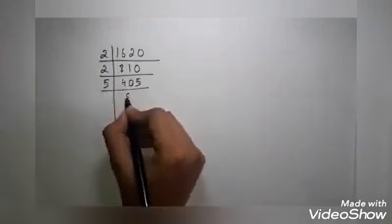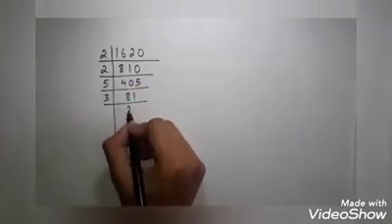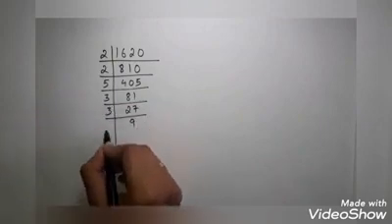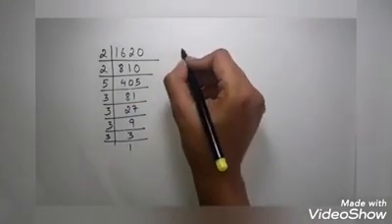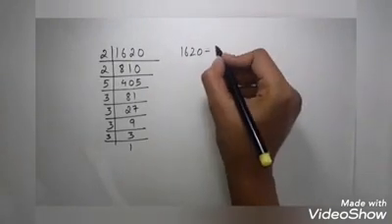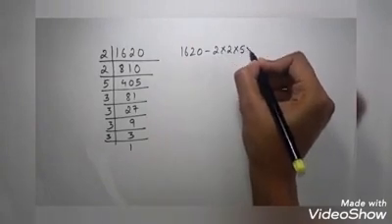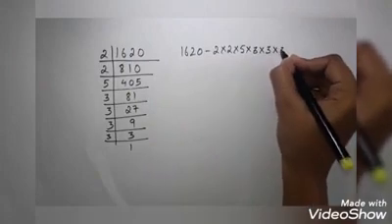So 5 8s are 40, and then 81, and it will go in 3, 27, and again 3 9s are 27, 3 3s are 9, 3 1s are 3. So I can write 1620 as 2 into 2 into 5 into 3 into 3 into 3 into 3.